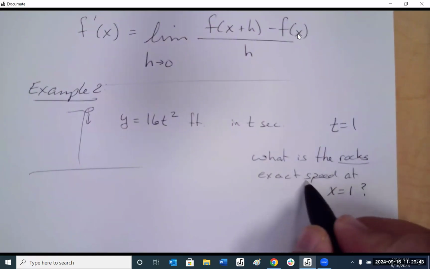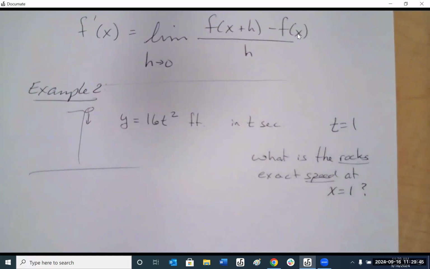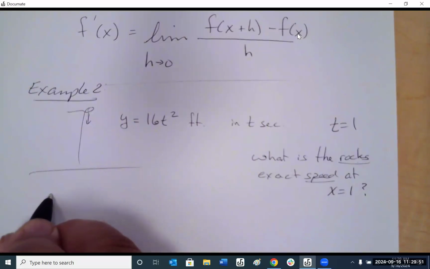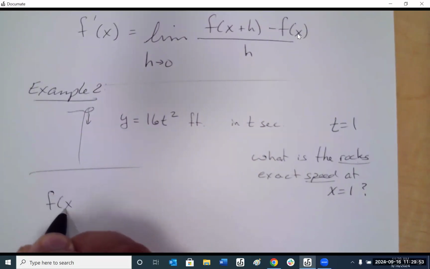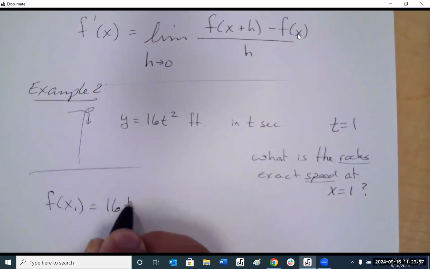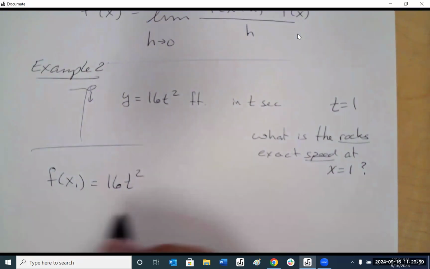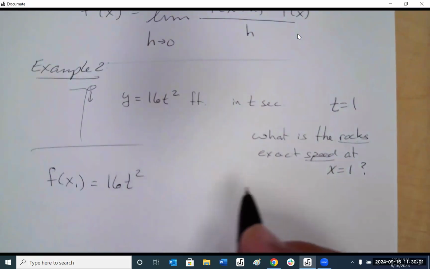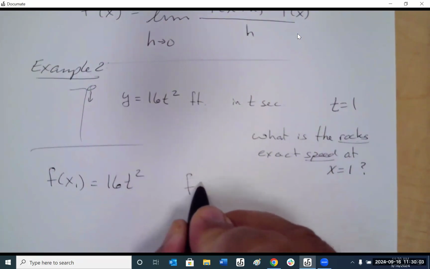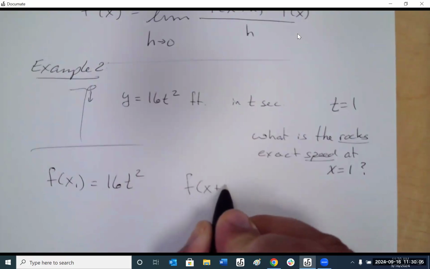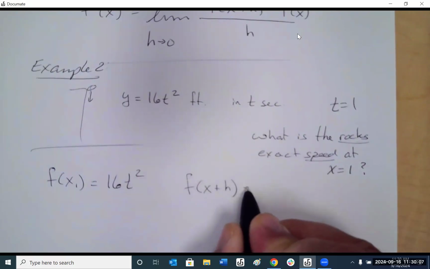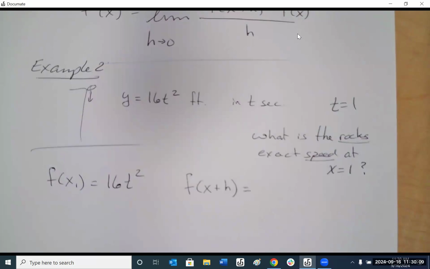Speed of the rock is the rate of change of the rock, the difference of y over difference of x. So f of x is 16t². We have to figure out f of x plus h, which is our x2.